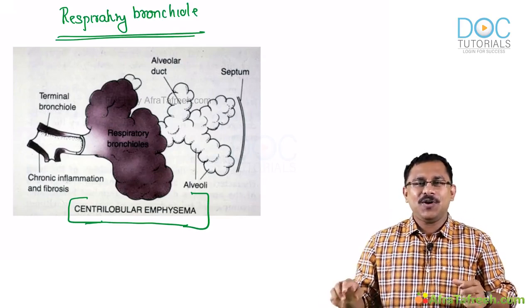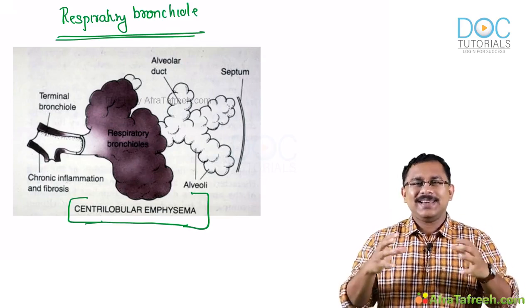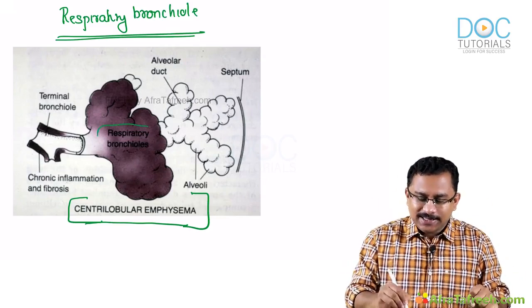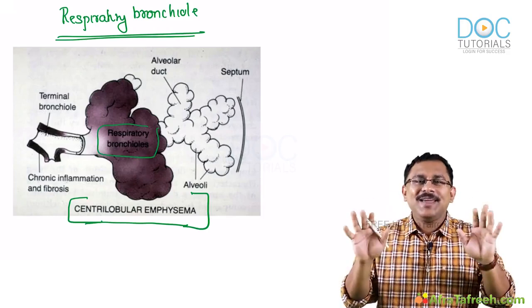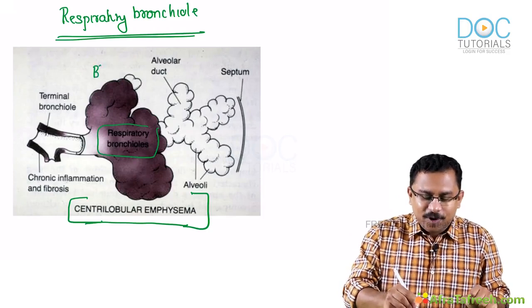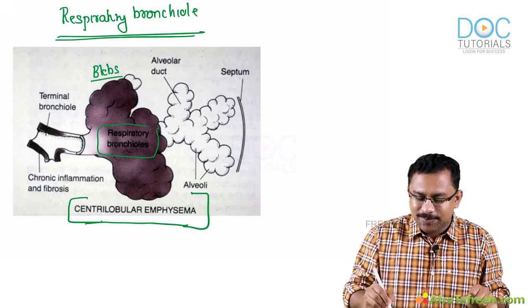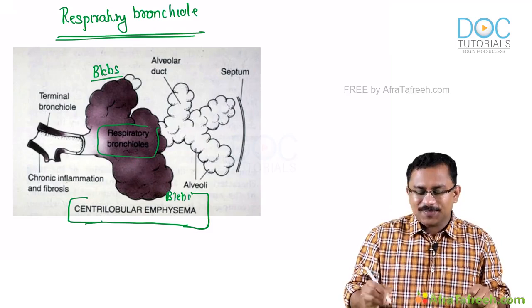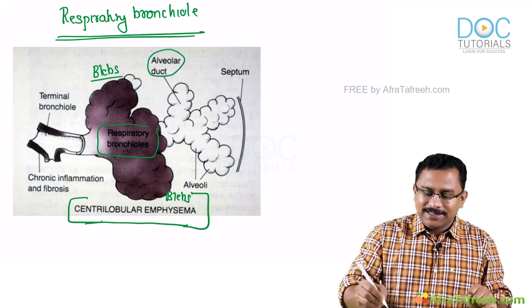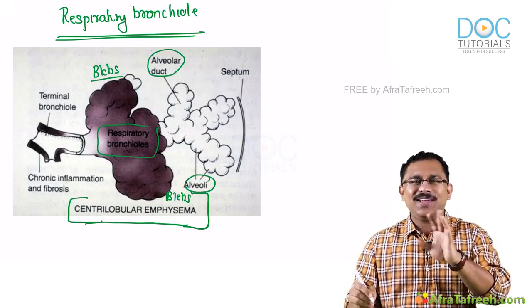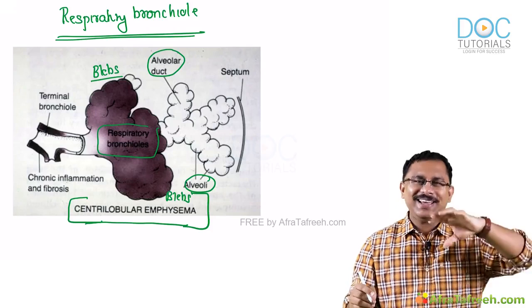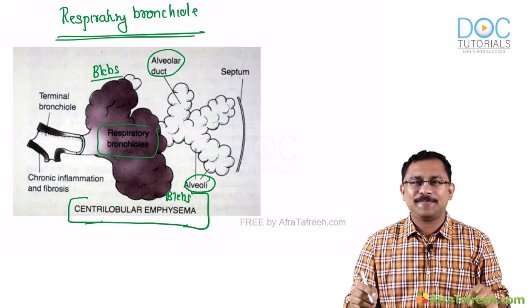The respiratory bronchiole walls will be damaged and dilated. As you can see here, the respiratory bronchioles are very much dilated. Can you see that? And that results in the formation of blebs. You can see a bleb here. So you can see that the alveolar duct and the alveoli are relatively okay. There may be some slight affection, but predominantly it's the respiratory bronchioles that are affected.